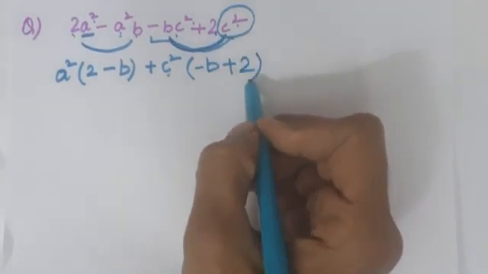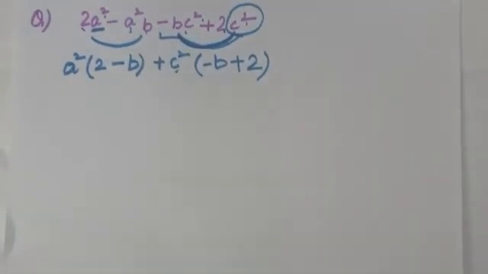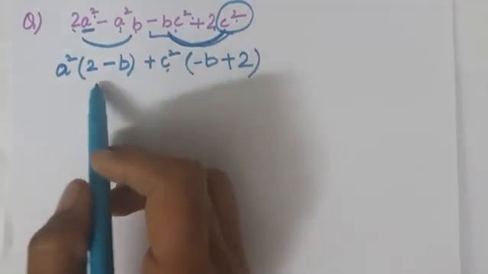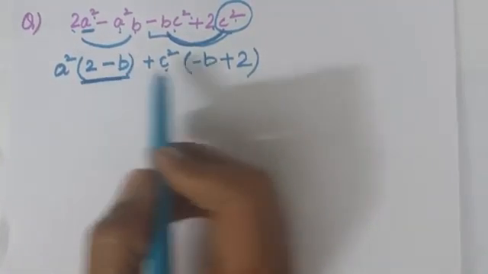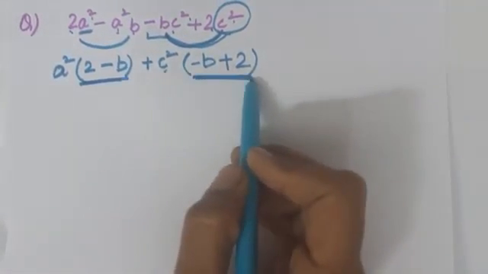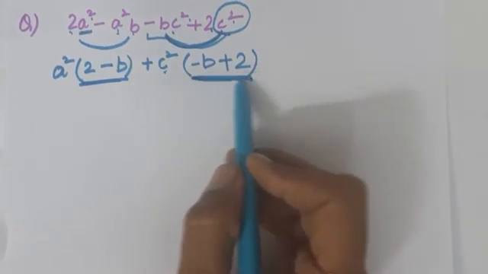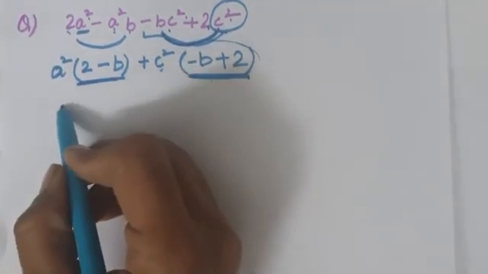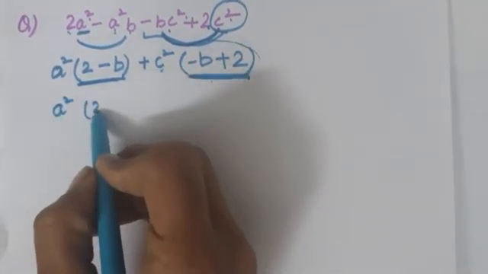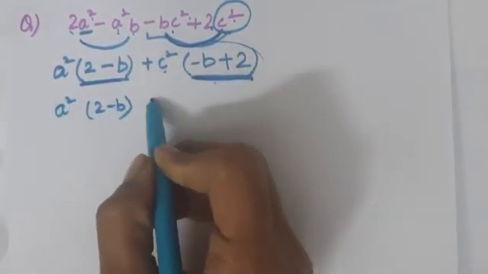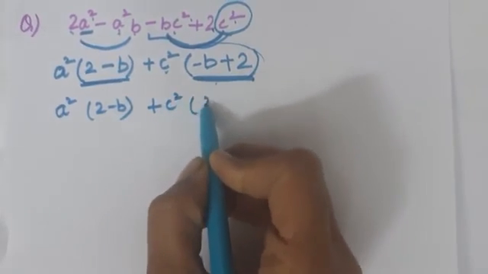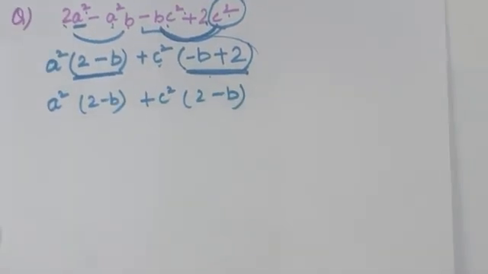Yes, this is 2. Now again see this carefully, these two terms, are they same? Yes, they are same, because this can also be written as 2 minus b.